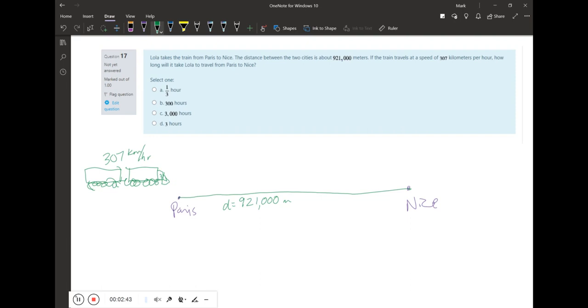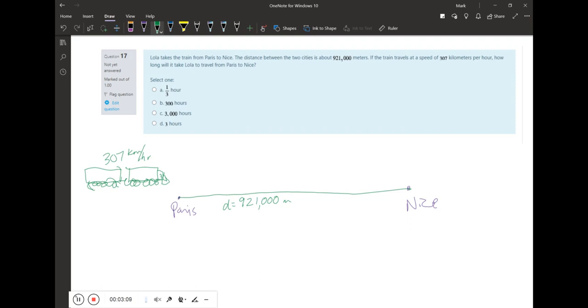So it can't be in kilometers. And these are both places in France, so it has to be a reasonable distance, right? So we should recognize there that wouldn't be an appropriate number for a distance to be 921,000 kilometers to travel. Because if you think of it going 100 kilometers an hour, even, that would take forever.